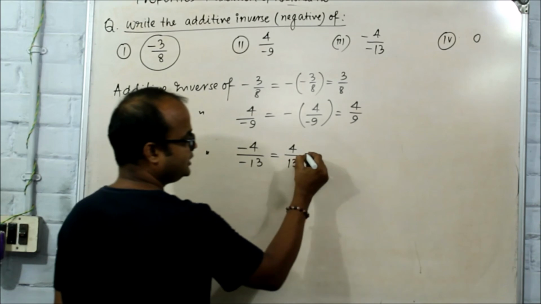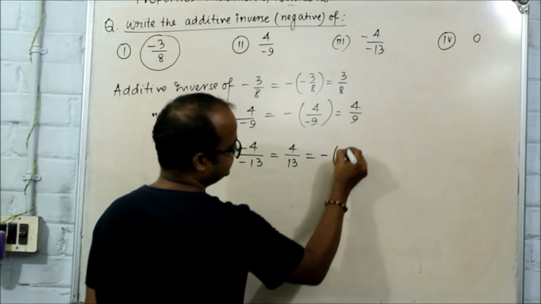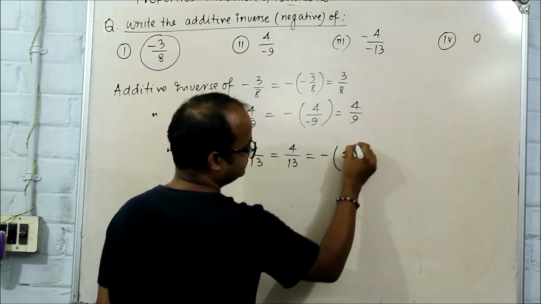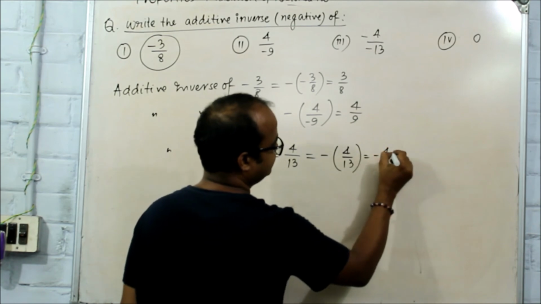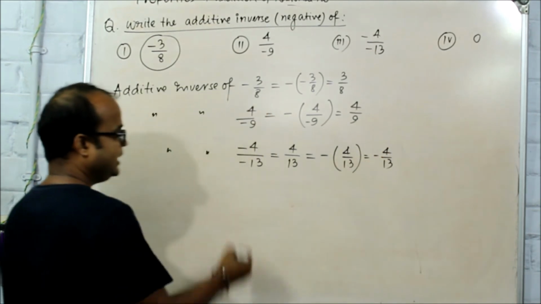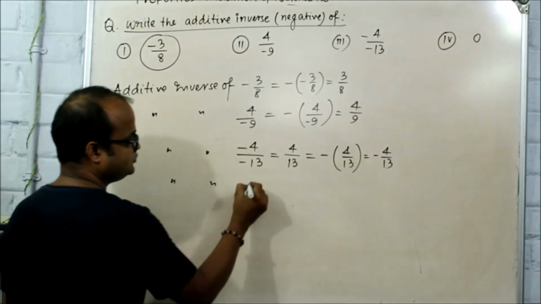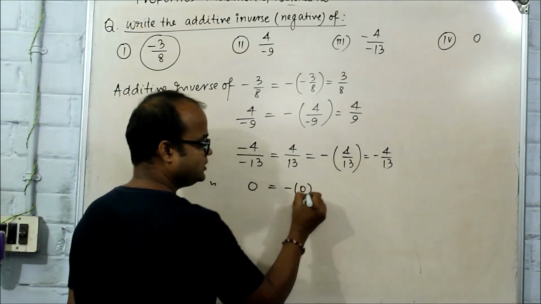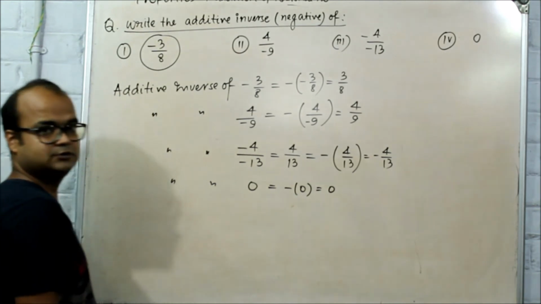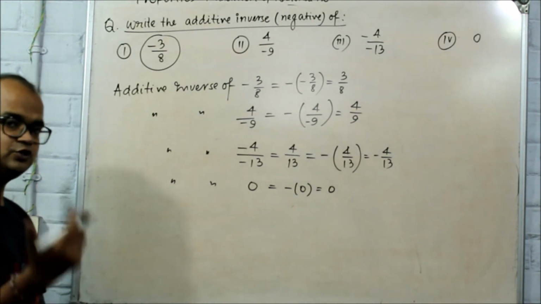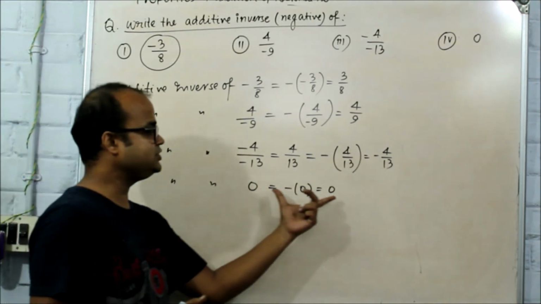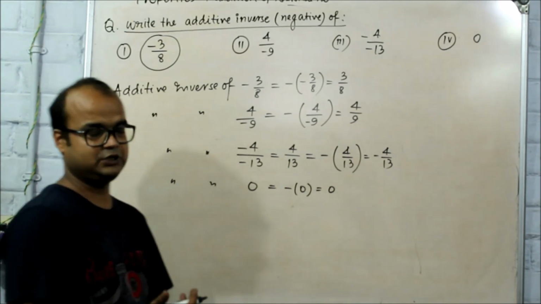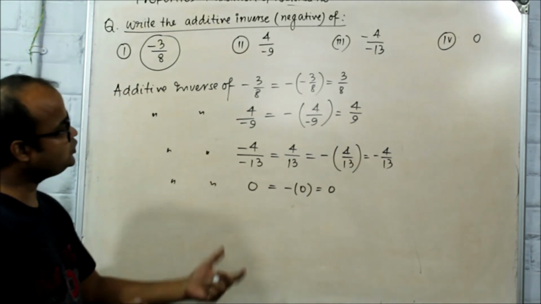So it is 4 by 13. So you can say minus of 4 by 13. So this is equal to minus 4 by 13. Additive inverse of 0. Negative of 0 doesn't mean anything because 0 is neither positive nor negative. Additive inverse of 0 is 0 only. So this is one approach.